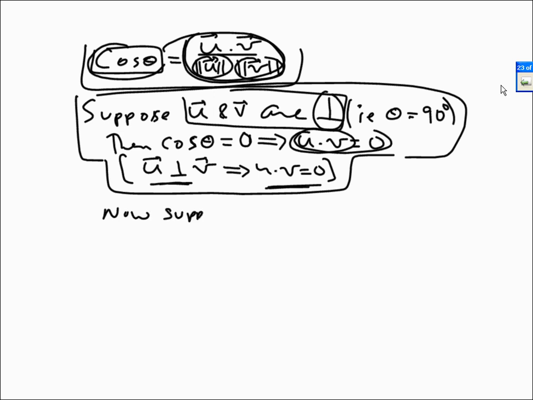Now suppose u dot v is 0. Suppose the dot product of u and v is 0. Well, the cosine of theta is equal to 0 over not 0. 0 over not 0 is 0.